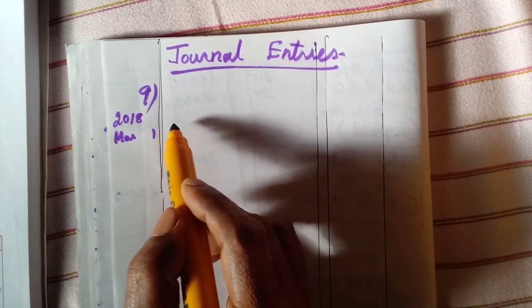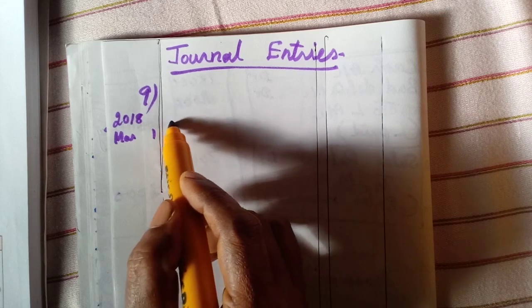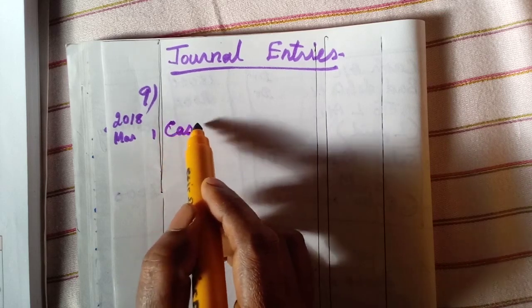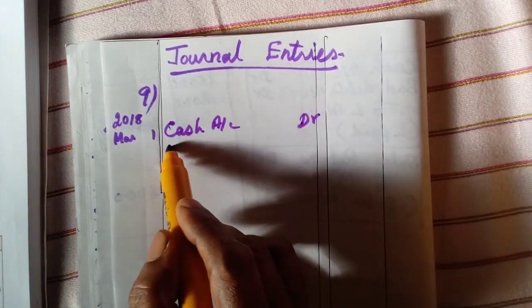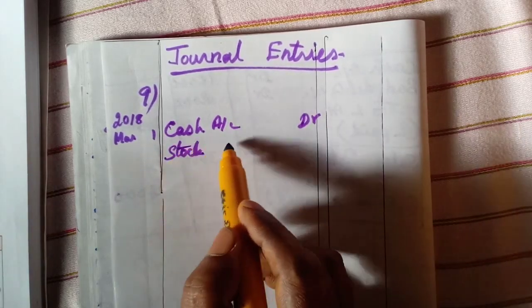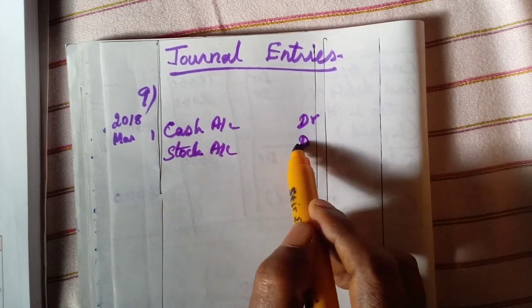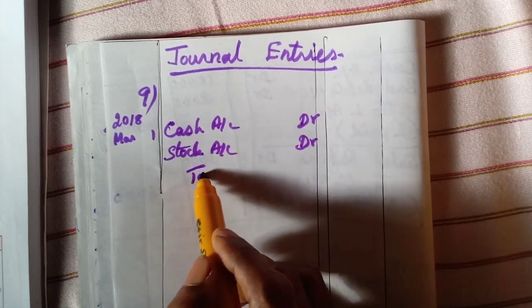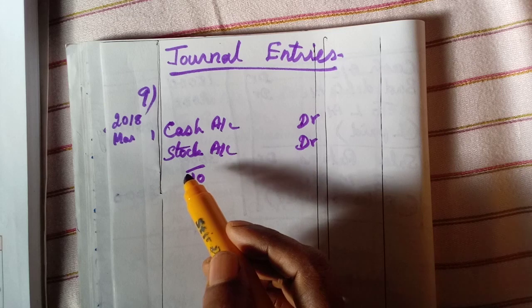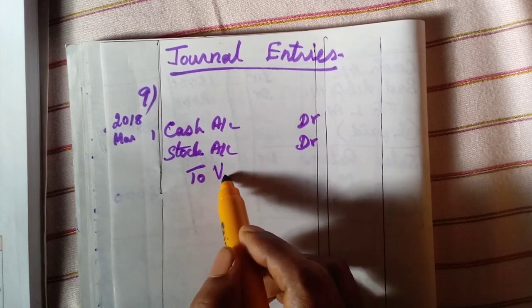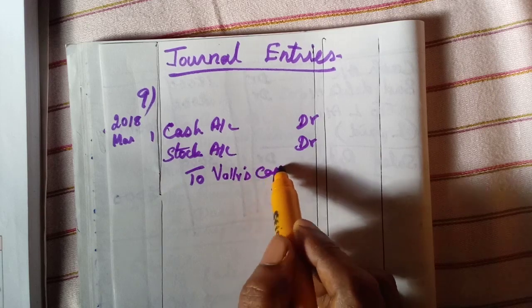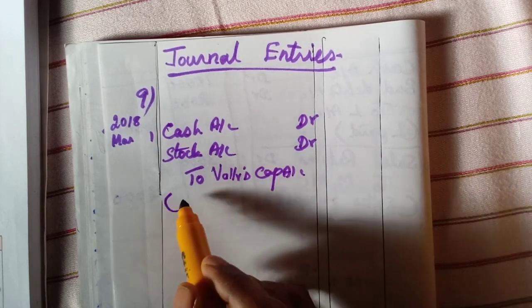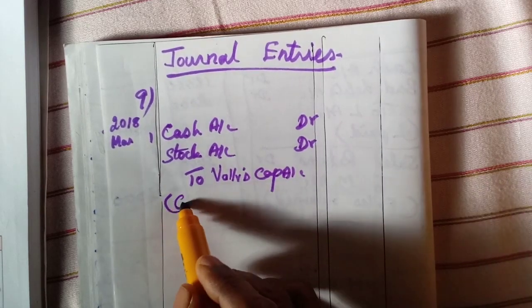So cash account debit, it is a compound entry, we can say joint entry: cash account debit, stock account debit, to capital. Who is starting? Valluvar. So Valluvar's capital account. Then narration, commenced business.